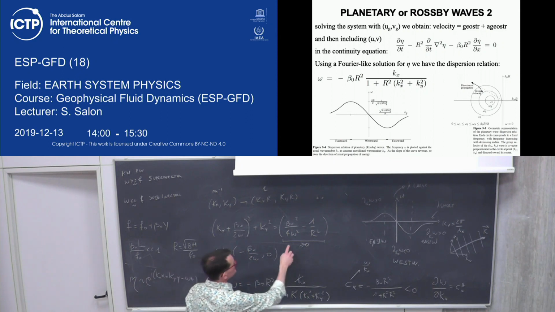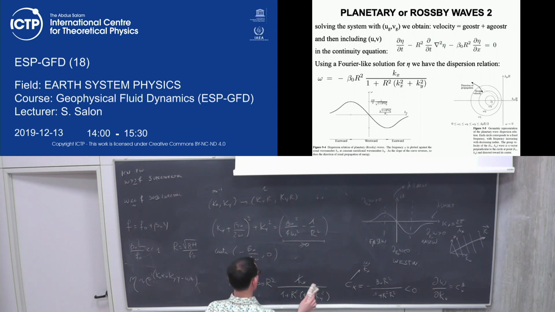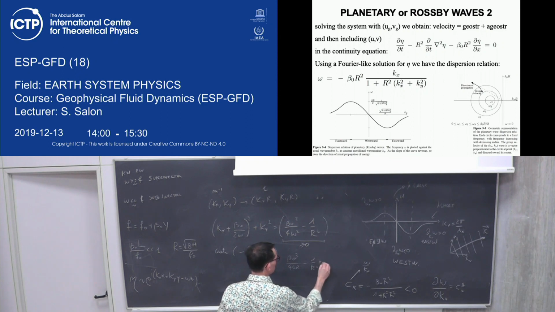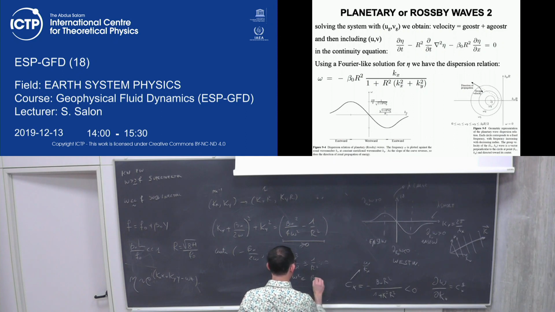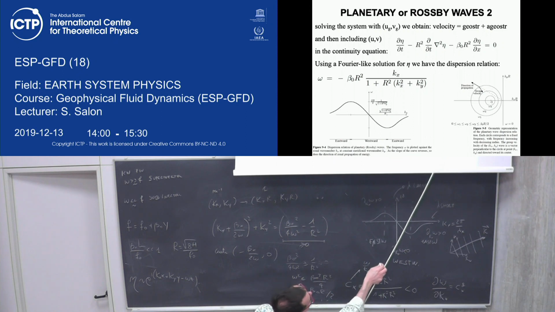So if you work a little bit on this, beta 0 squared over 4 omega squared minus 1 over r squared must be positive, so omega squared is smaller than that, and the maximum value of omega is beta 0 r divided by 2.